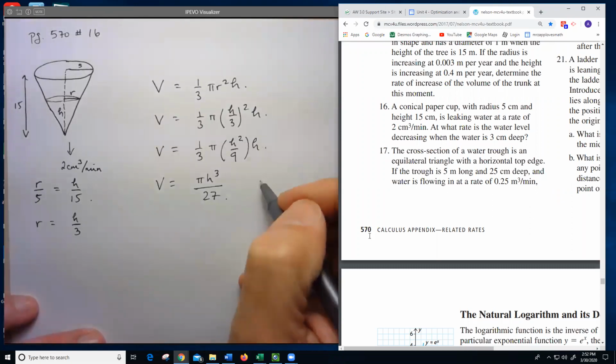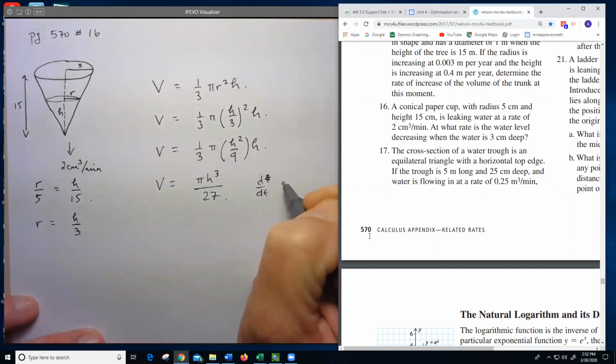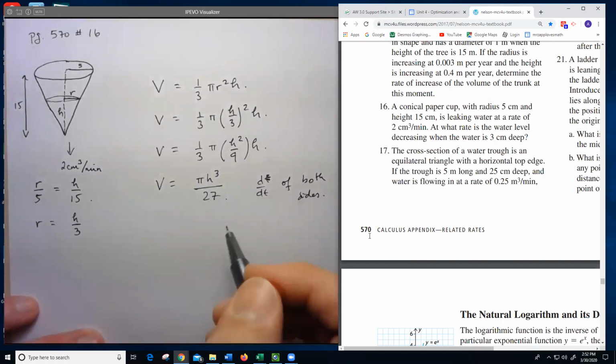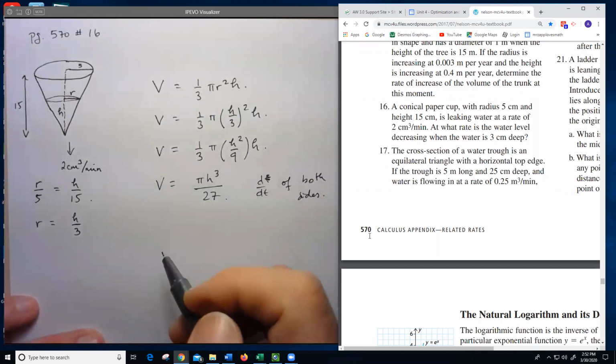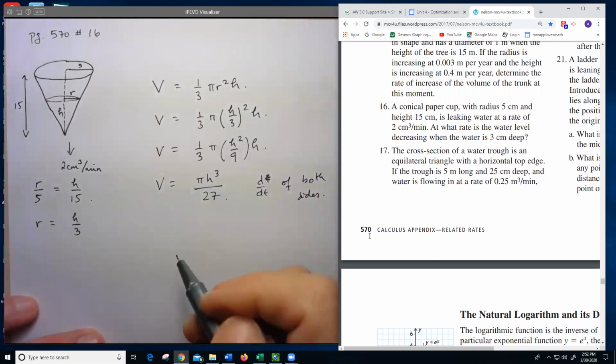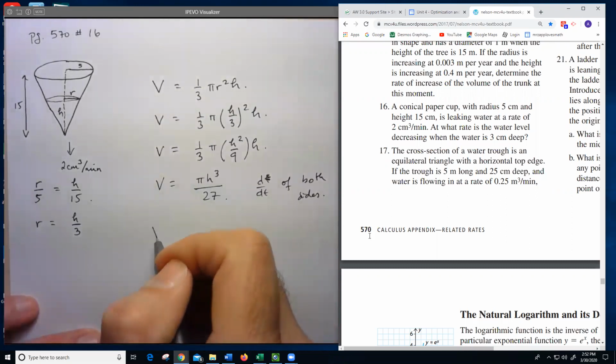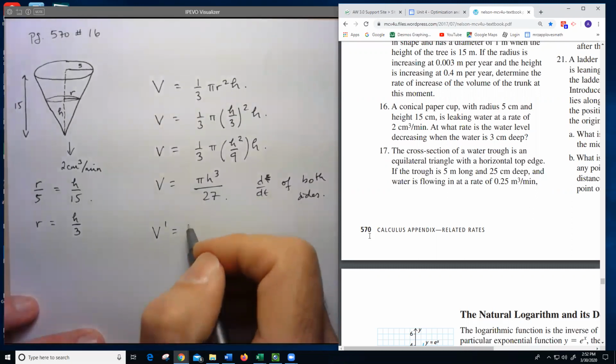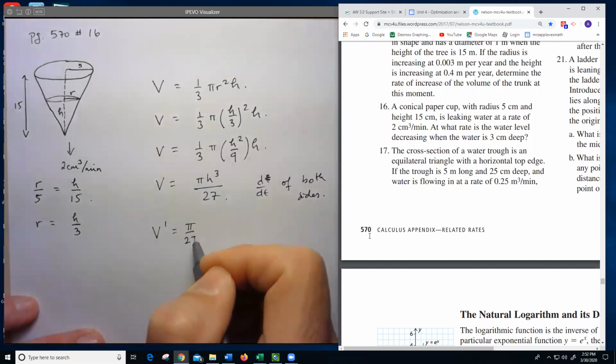So I'm just going to take d/dt of both sides. This time I'm going to allow myself to use prime notation just to make the writing a little easier. So we have V prime equal to pi over 27, which is just a constant.